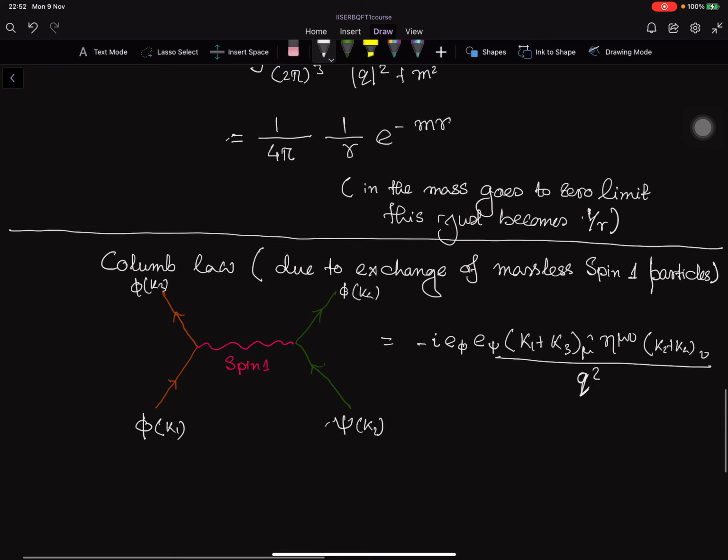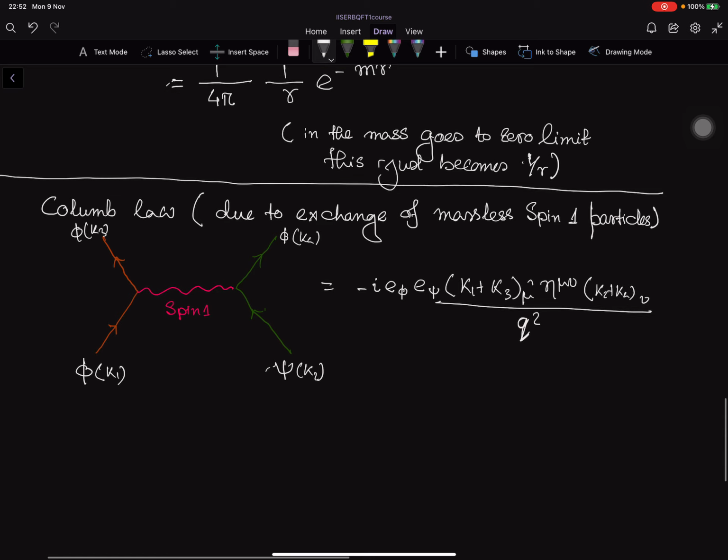Okay. Now in the non-relativistic limit, we know that the energy of a particle, roughly the square root of p squared plus m squared, is much greater than p.